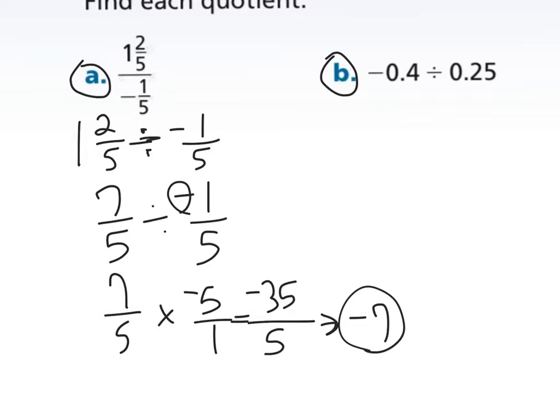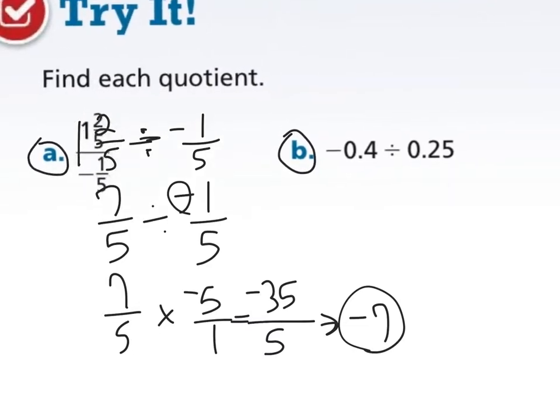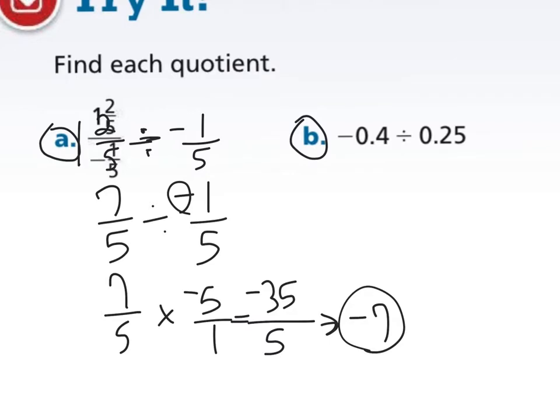Part B, we've got a little bit of a different problem here because we have decimals instead of fractions. So we've got a few different options on these. One option is we can change these to fractions, which is what I'm probably going to do. Another option would be to divide the decimals. Remember, you can't have a decimal on the outside, so you have to move your decimal points over.